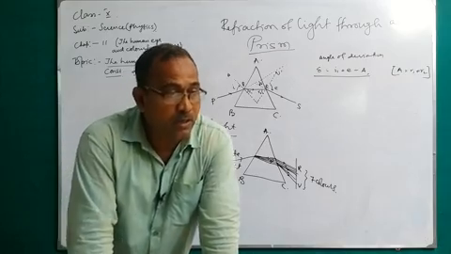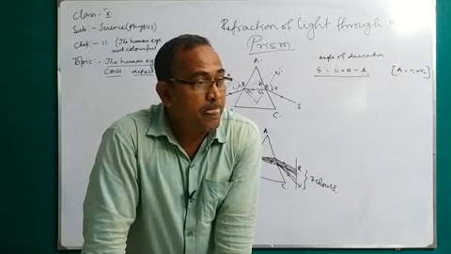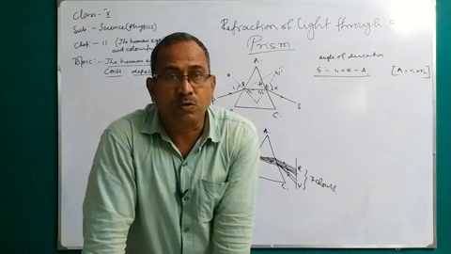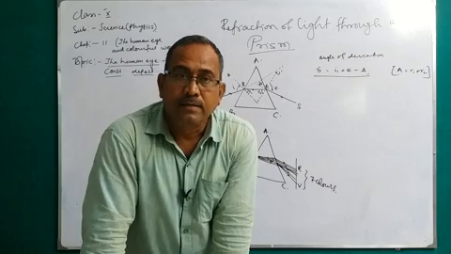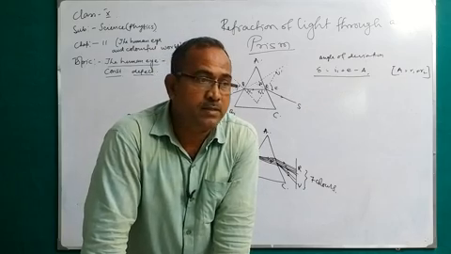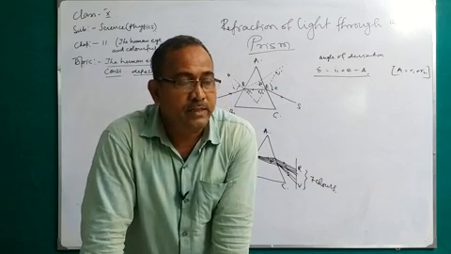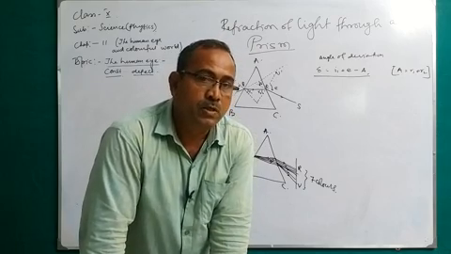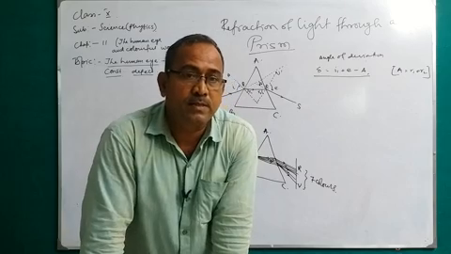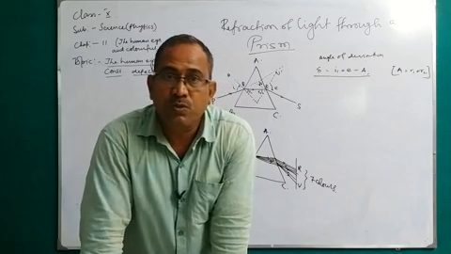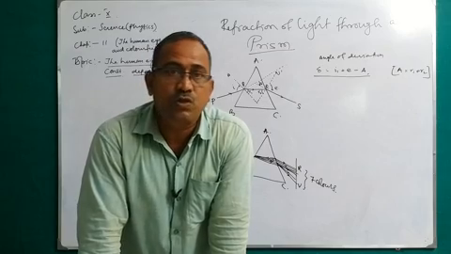In your daily life, the rainbow, you see it, 3 colors are there, not the 7 colors, but you know it is a mixture of 7 colors. So spectrums are of 2 types: one is the pure spectrum, another is the impure spectrum.